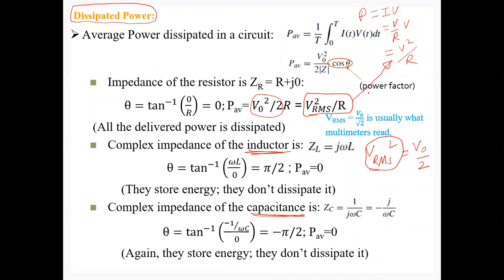Okay. So the thing is, in the AC we measure VRMS, because AC is fluctuating, right? So you don't take the highest one, you don't take the lowest one.